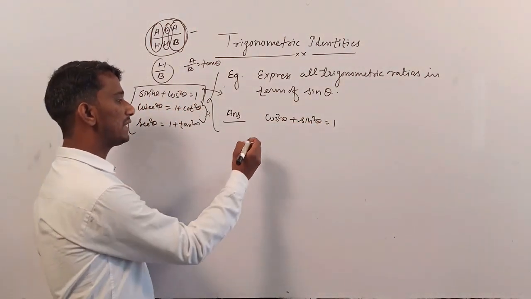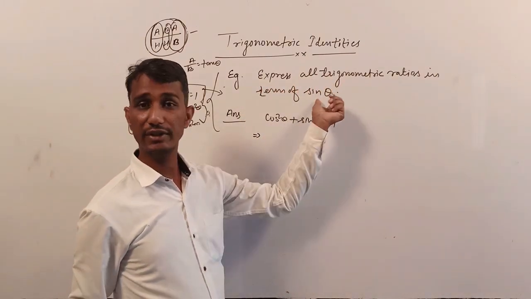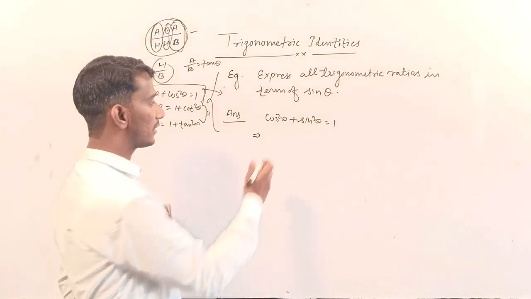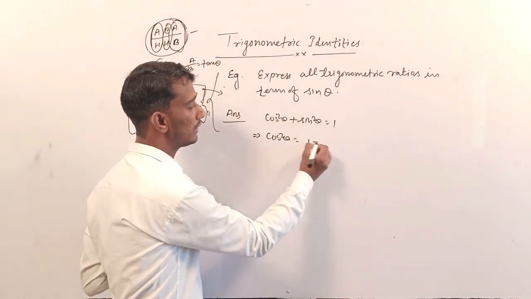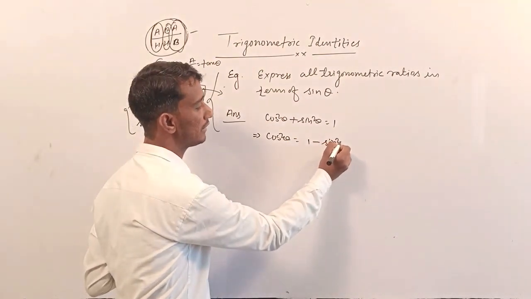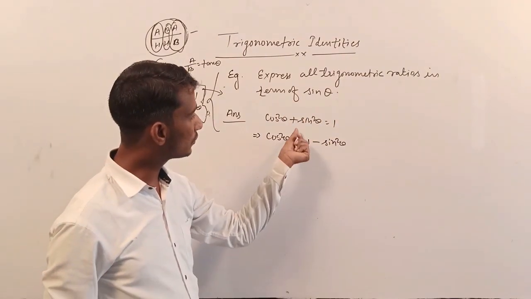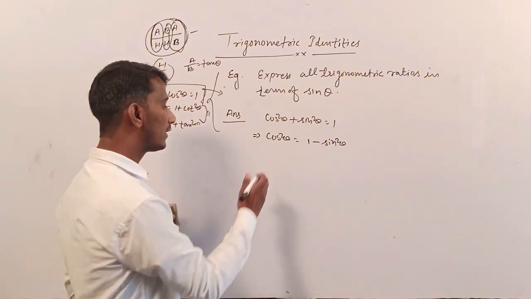So after simplifying, because we want to express all the trigonometric ratios in sine, we remove the sine from here. What we get? Cos square theta is equal to 1 minus sin square theta. We have transferred sin square to the RHS, so the sign changes, positive converted into minus.